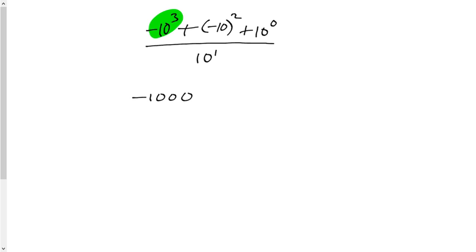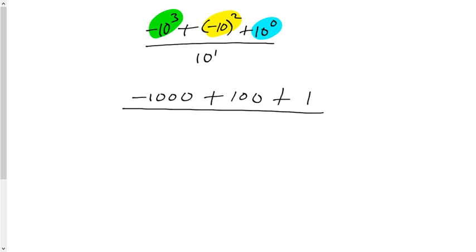Our next one is negative 10 squared, which is negative 10 times negative 10, which is 100. If you want to keep it in brackets, you can. And our last one is 10 to the exponent of 0, and any base to an exponent of 0 is a standard form of 1, so plus 1. Divided by 10 to the exponent of 1 will be just the number 10.